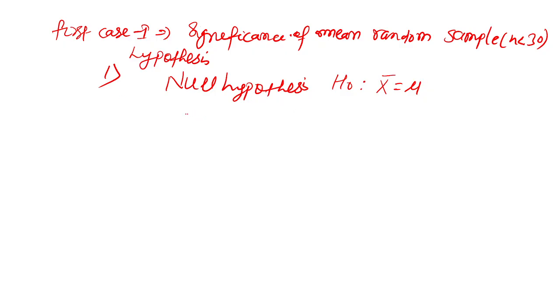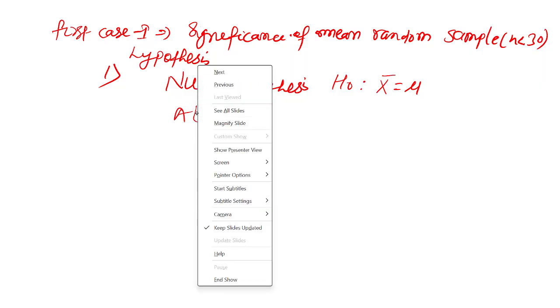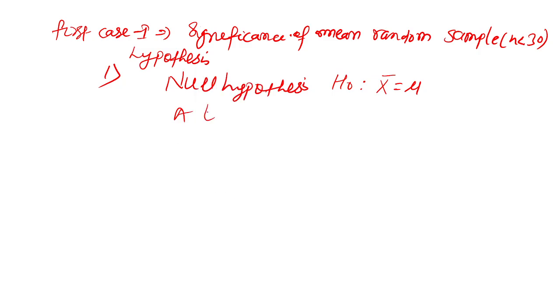Then the second one will be the alternative hypothesis. H1 will again have two cases.